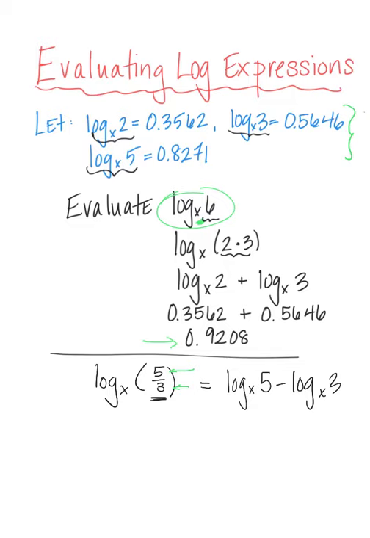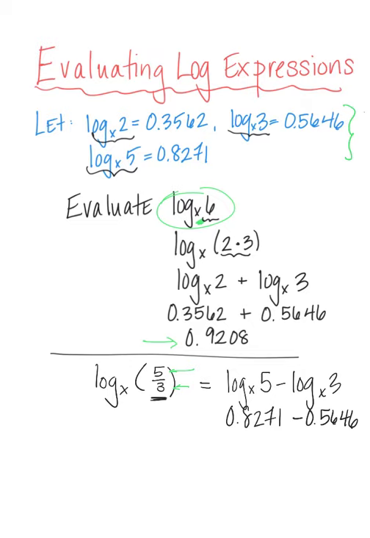So log base x of 5 was defined as 0.8271, and I'm going to subtract log base x of 3, 0.5646.